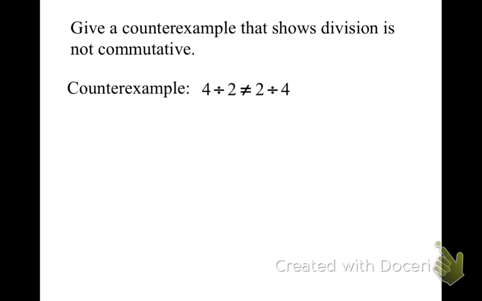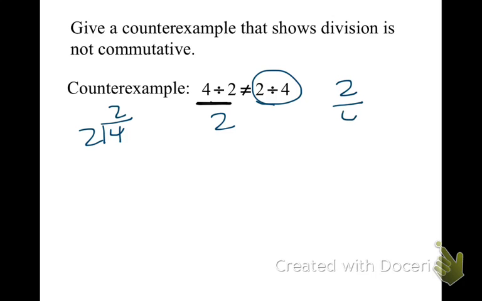So, what is 4 divided by 2? That one should easily be 2. 2 is going to be my answer. Now this one's a little trickier. Technically, that's 2 divided by 4. It's not going to go into it pretty, but I can reduce it, because these both have a factor of 2, so dividing each by 2, I simplify it and I get 1/2. Now, does 2 equal 1/2?